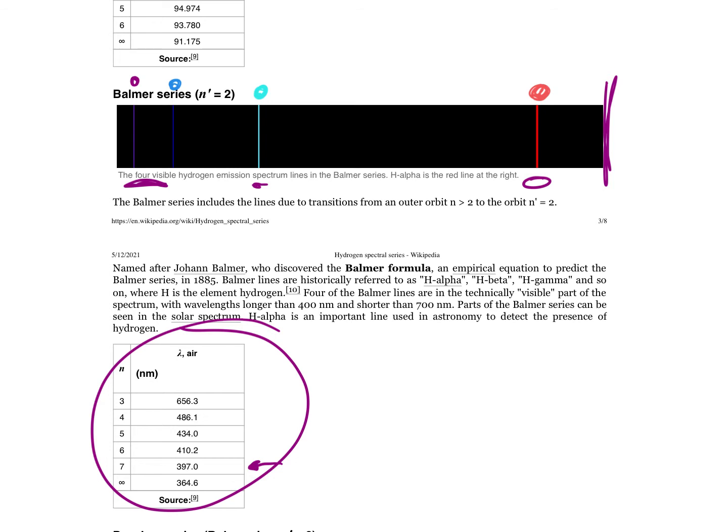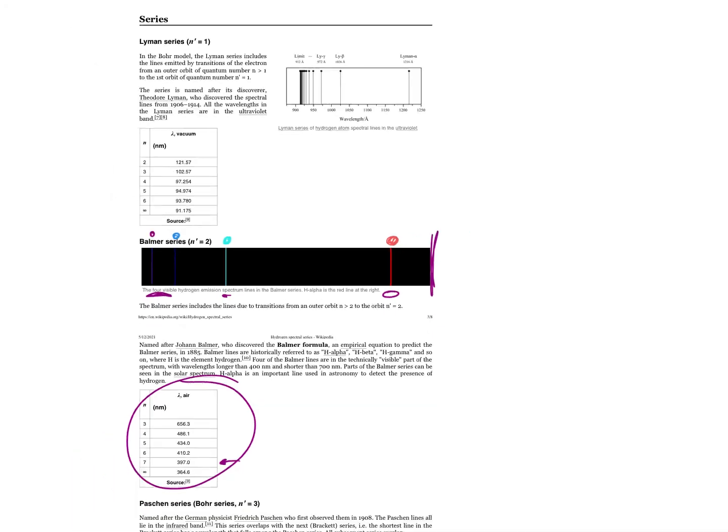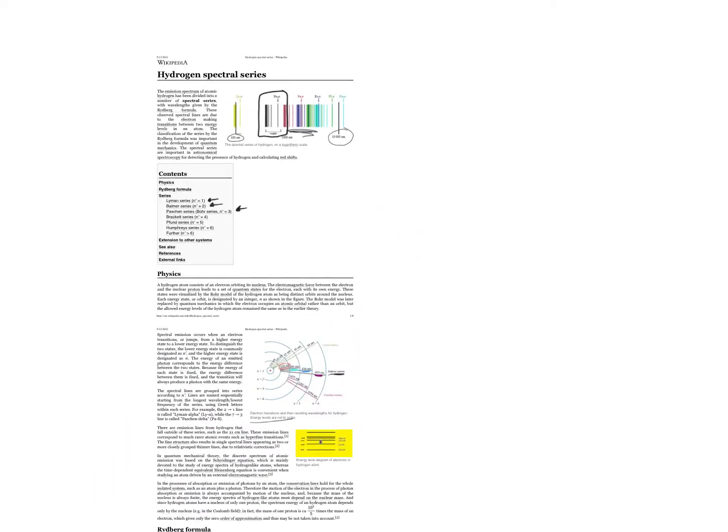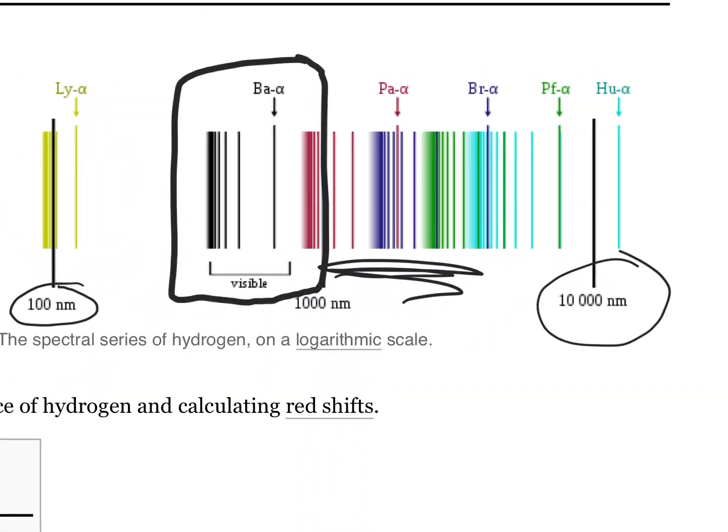The hydrogen can't absorb the other colors, it can only absorb these four and the others in the much bigger spectrum. But as far as the visible spectrum goes, it's just those four for hydrogen.